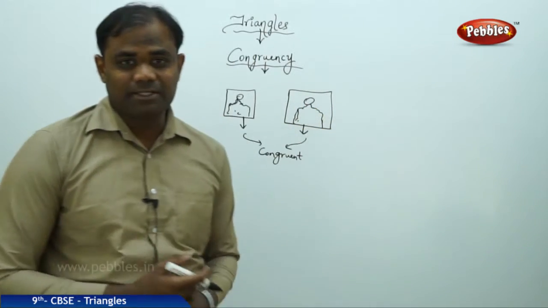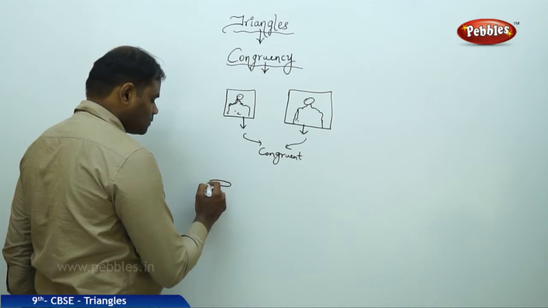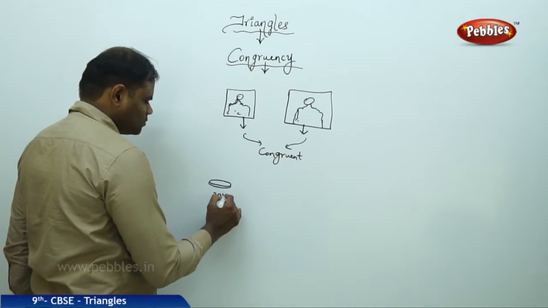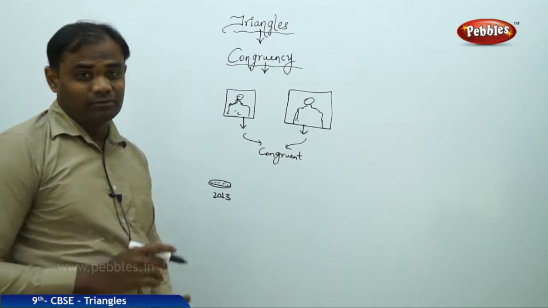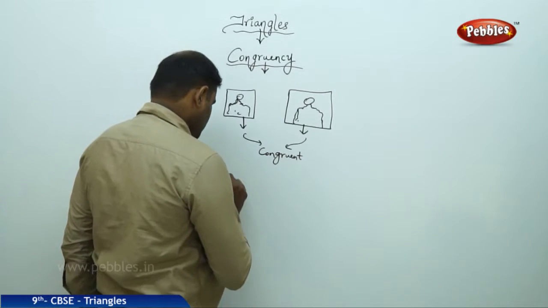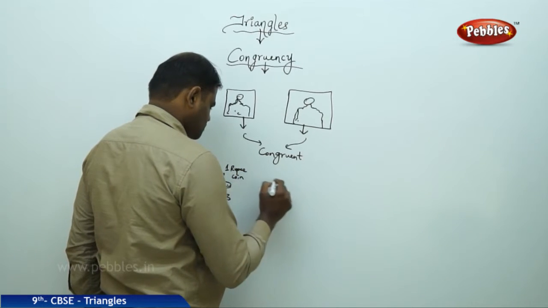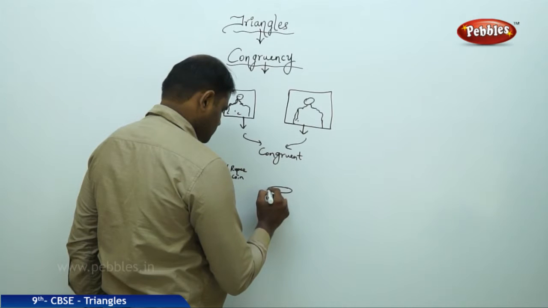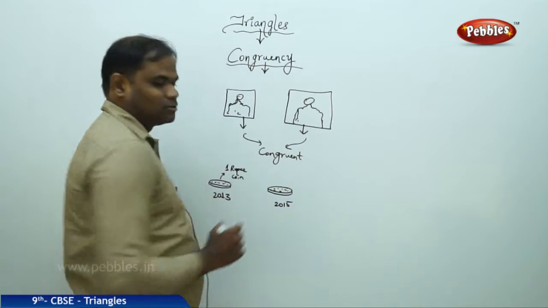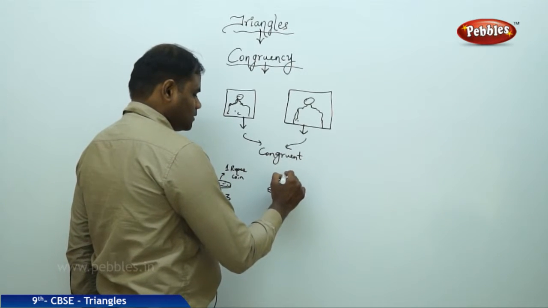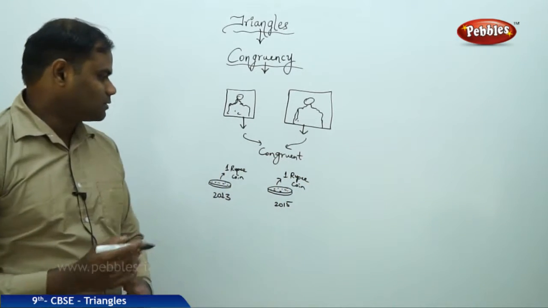Or say for example, I take a 1 rupee coin of the year 2013, and I take a similar coin of a different year, say 2015.